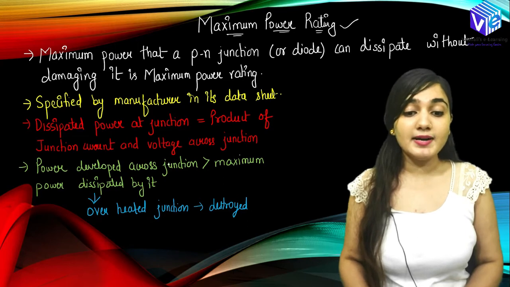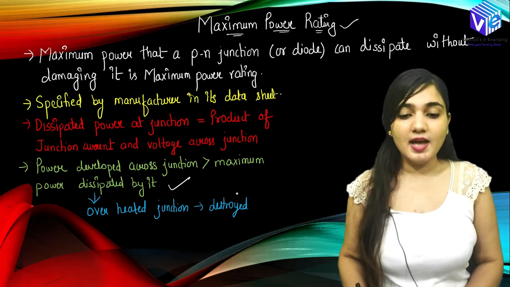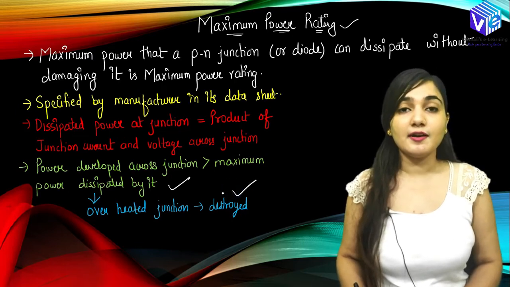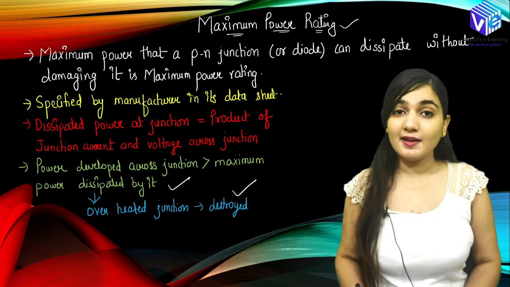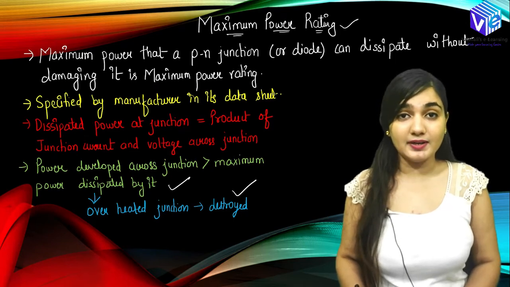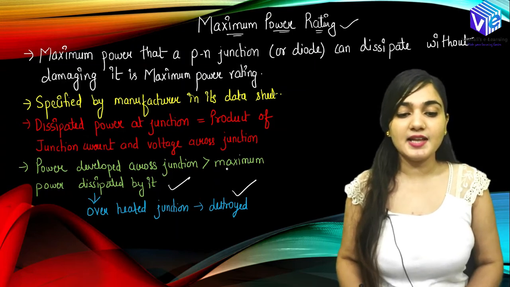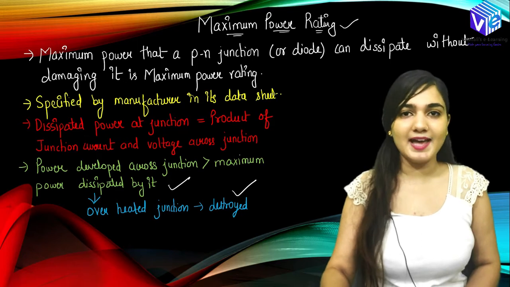When the power developed across the junction is greater than the maximum power specified by the manufacturer, overheating will happen at the junction and the device will be destroyed. Our diode will not be able to function correctly after being used above the maximum power, right? So you have to control the power. The power developed across the junction should be lower than the maximum power it can dissipate, right?